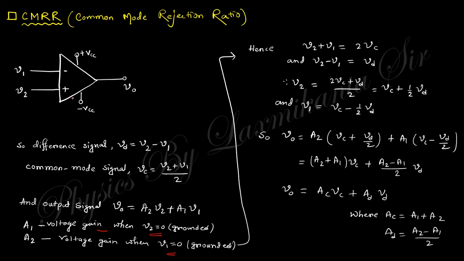0 means this is grounded. When V2 is grounded and V1 gives output V0, this gain is A1, and similarly for A2. So just changing V1 and V2 in terms of Vc and Vd, you get the values of V1 and V2, and putting these into the equation and rearranging, you get this one. So this gain is known as AC, and this is AD.